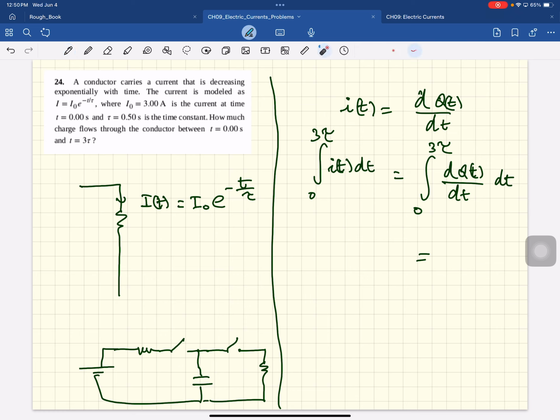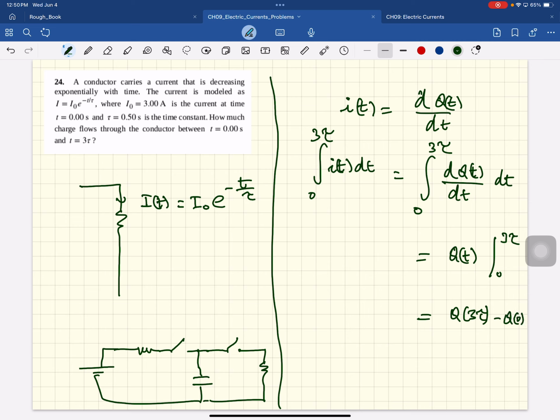This, of course, integral of a derivative is just that function, q of t. So q at 3 tau, how much charge has flown after 3 time constants, minus q of 0. Q of 0 is 0.